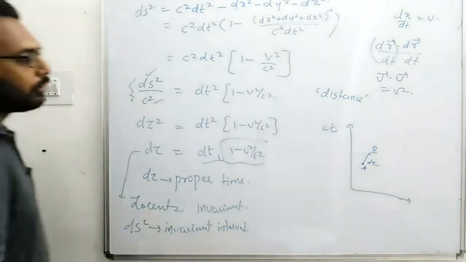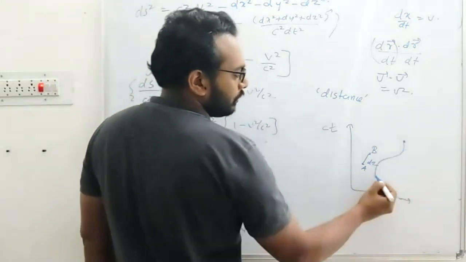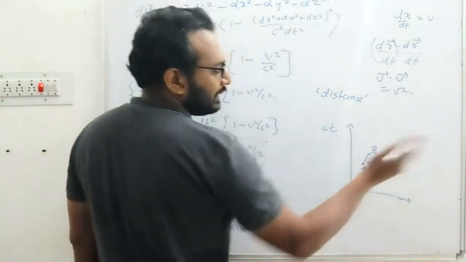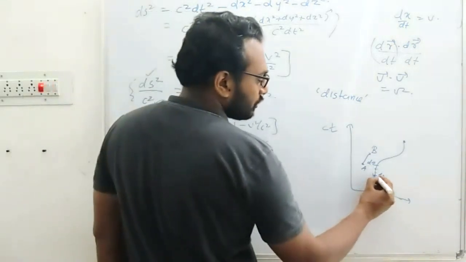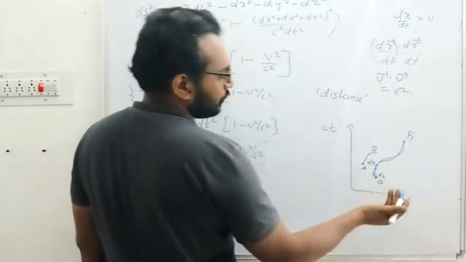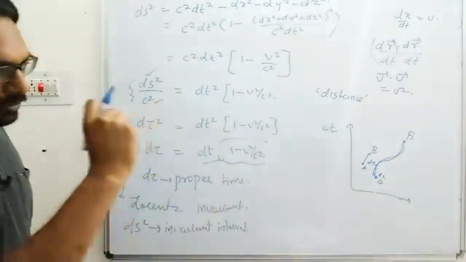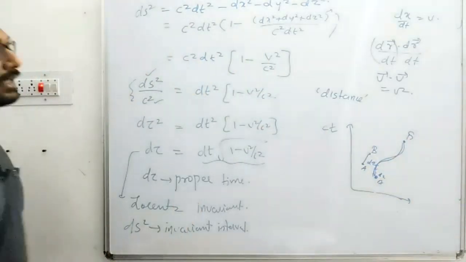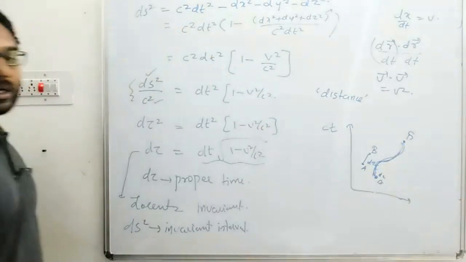So if you need the proper time between a whole lot of events, you take the proper time dτ for every interval and then integrate. So you'll get the total proper time. You can ask this question: what's the time elapsed on a clock traveling from A to B along this path? Just take dτ for every small section, and then add all of them up, and that would give you the time elapsed on a clock that's traveling from A to B along any path.